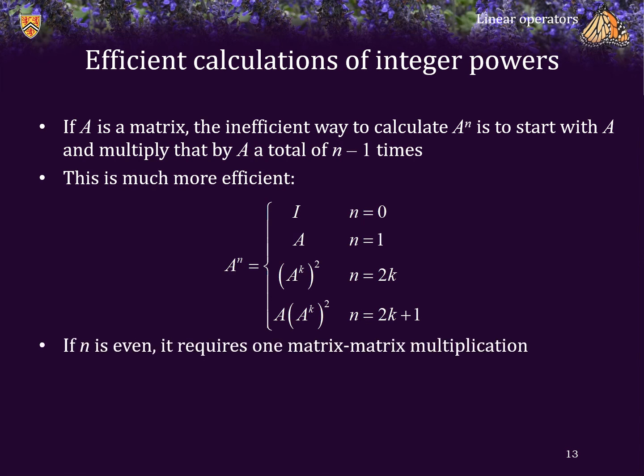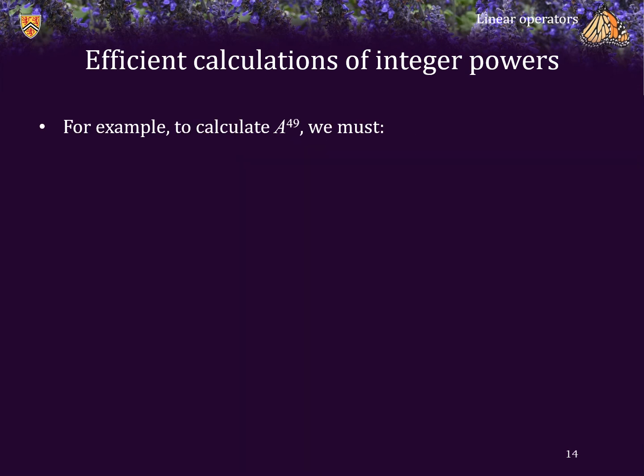Thus, if n is even, it requires 1 matrix multiplication. If n is odd, it requires 2 matrix multiplications. So, for example, suppose we had a square matrix and we wanted to calculate A to the power 49.